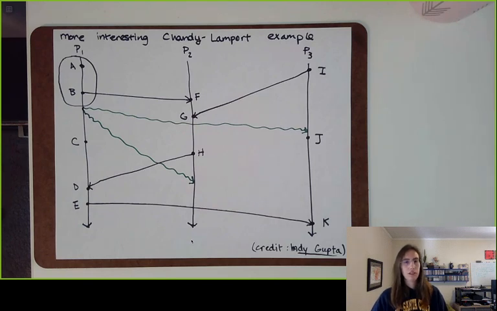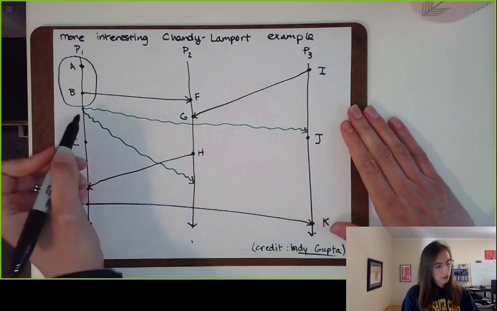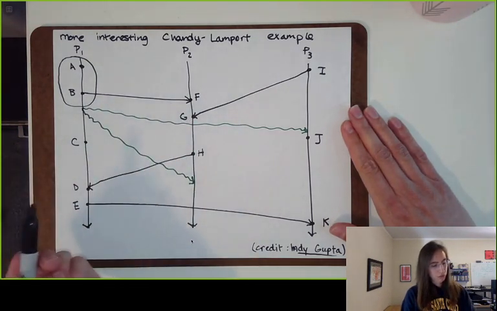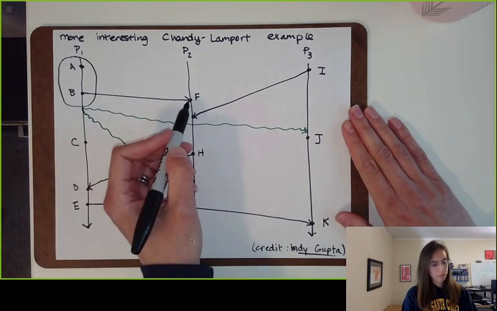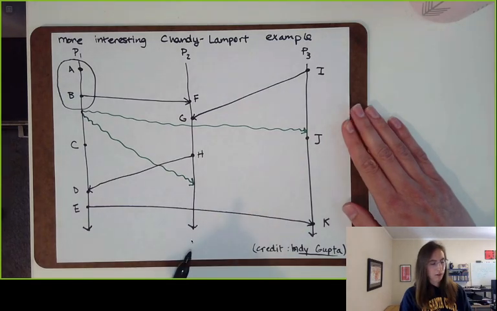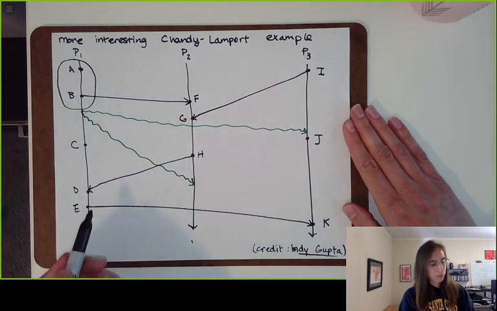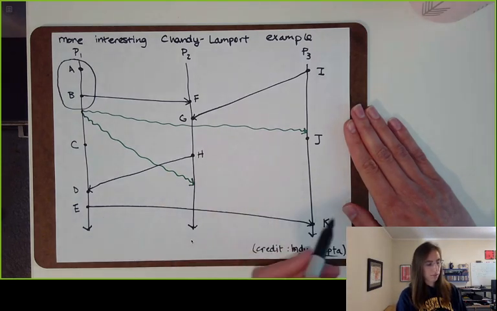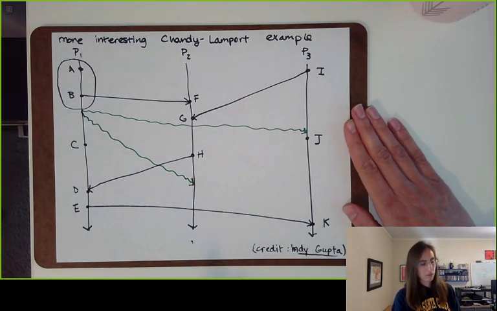Somebody just asked, isn't the only outgoing channel to P2 at the position right after B? Well, do you mean that because P2 is the only process that we've sent a message to so far? Yes, process 2 is the only other process that we've sent a message to so far, but we have outgoing channels to everybody. So P1 is aware of the other processes in the system, and it has outgoing channels to all of them, and it has incoming channels from all of them.